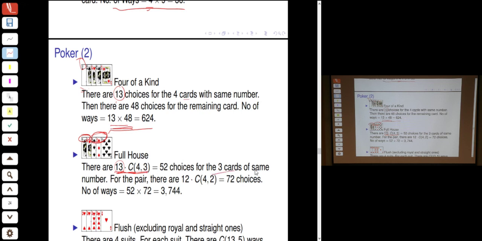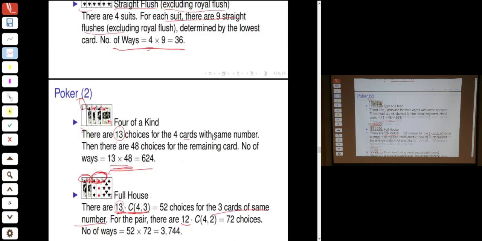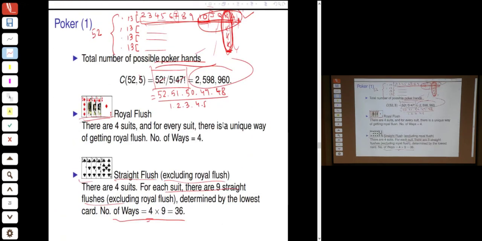So this gives you the 3 cards of the same number, but you still need to pick 2 cards, and these 2 more cards are going to satisfy the condition that they are of the same number but not common to the number which has been repeated thrice. So you look at the numbers which haven't been repeated thrice.